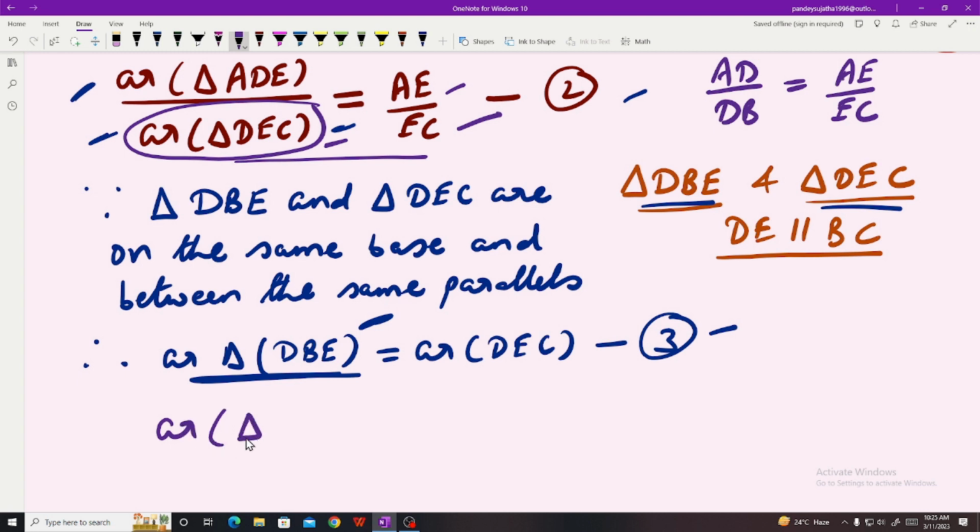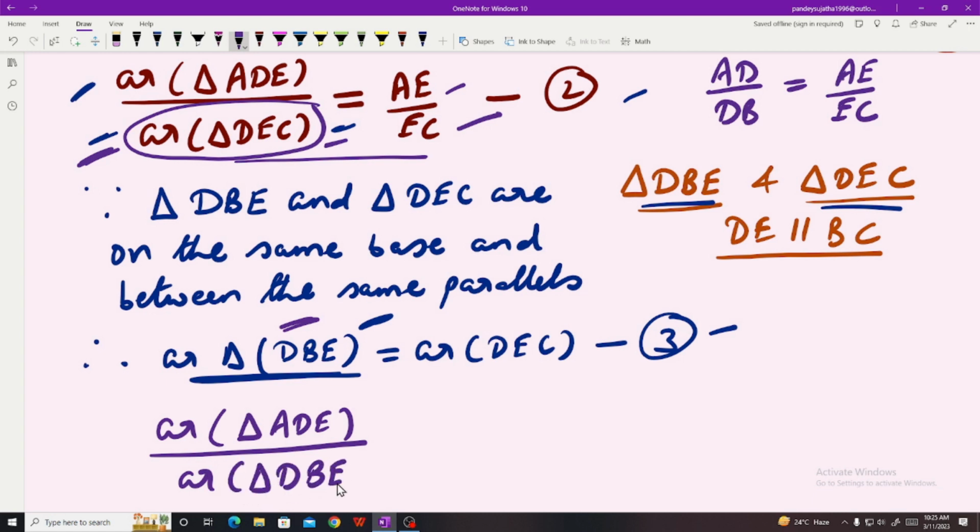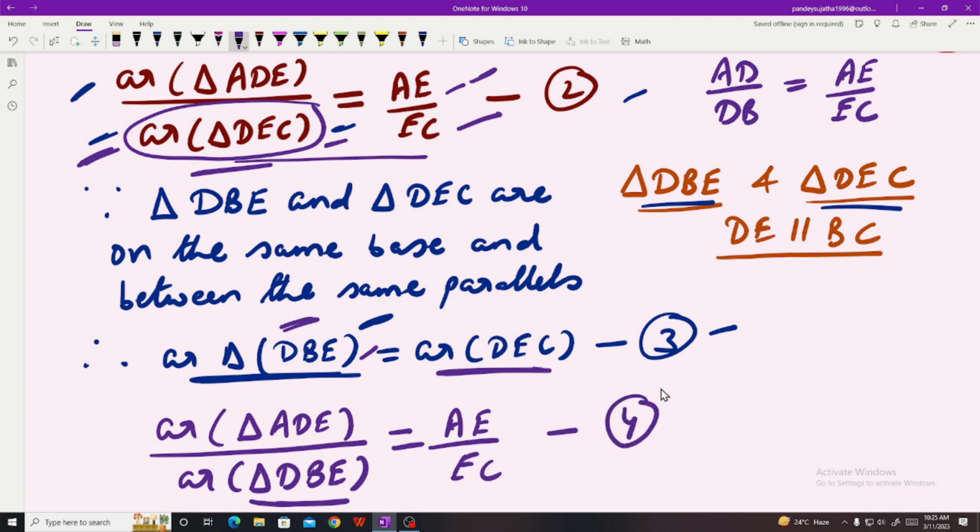Area of triangle ADE upon, in place of DEC I'm writing area of triangle DBE, because DBE is equal to DEC, which is equal to AE upon EC. Mark this as fourth equation.